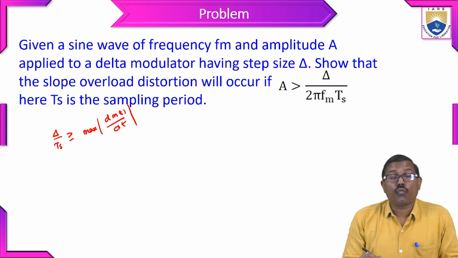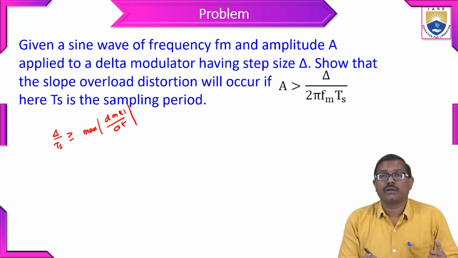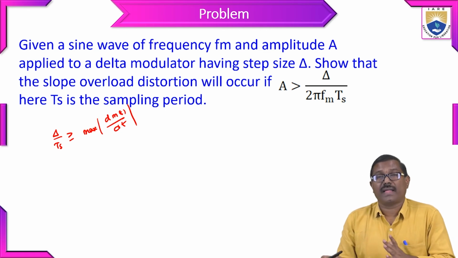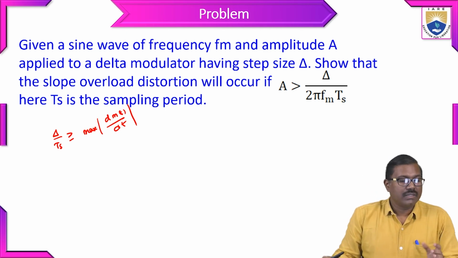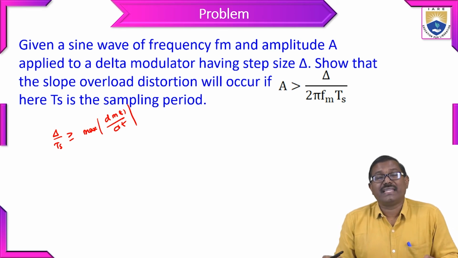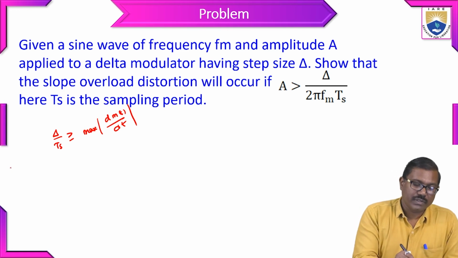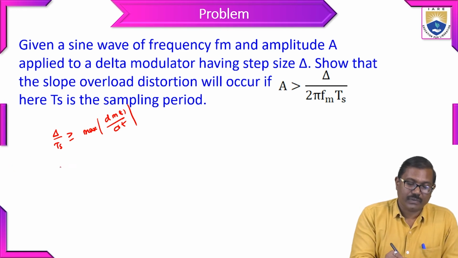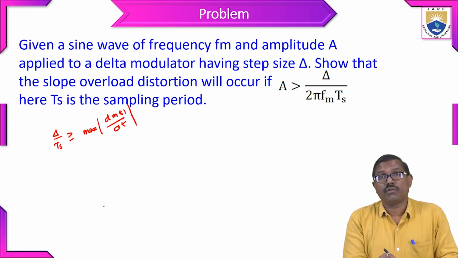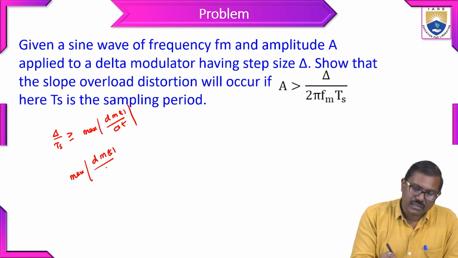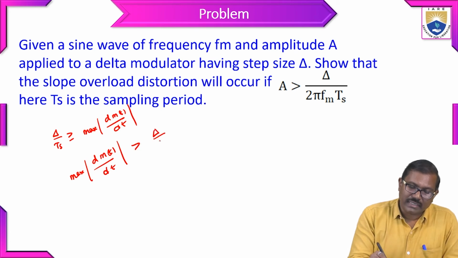Whenever slope overload distortion arises, the message signal slope is greater than the slope of the delta modulator. At that situation we have slope overload. So that is the avoiding condition. But when overload exists, the maximum slope of the message signal, dm by dt, is greater than delta by Ts.